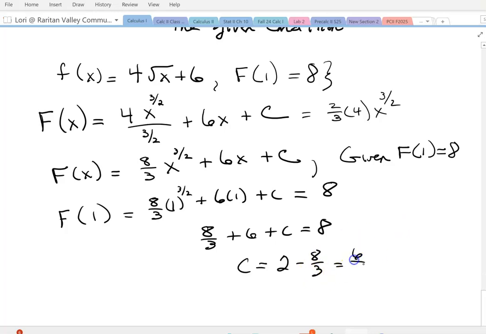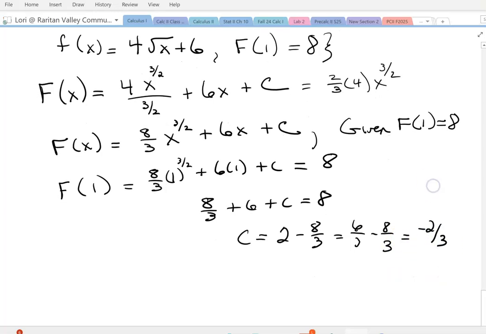Times 3 over 3, 6/3 minus 8/3 equals negative 2/3. Don't forget to write it. Minus 2/3.